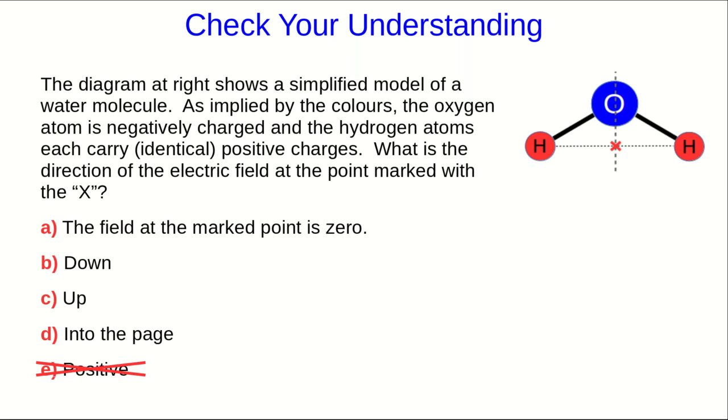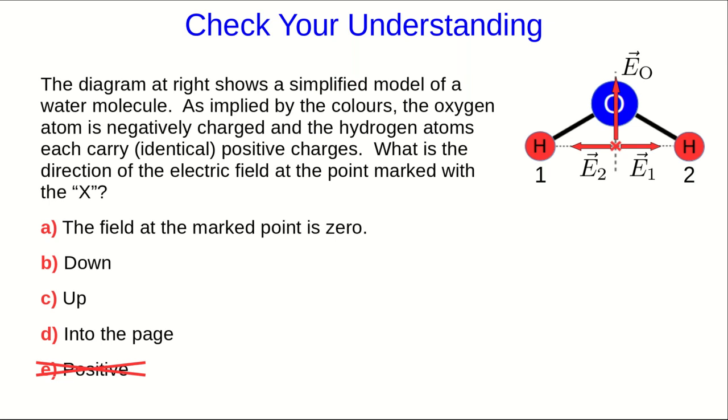So the way to do it is to draw the individual vectors of the E fields due to each individual atom and add them. So to make that a little simpler to explain, I'm going to number those two hydrogen atoms, and then the fields look like this. The fields due to the hydrogen atoms point away from the hydrogen atoms, and the field due to the oxygen points towards the oxygen atom because it's negative.